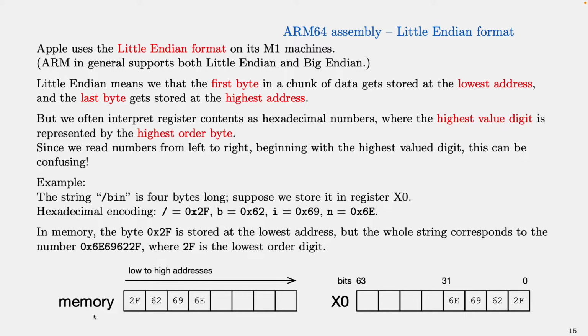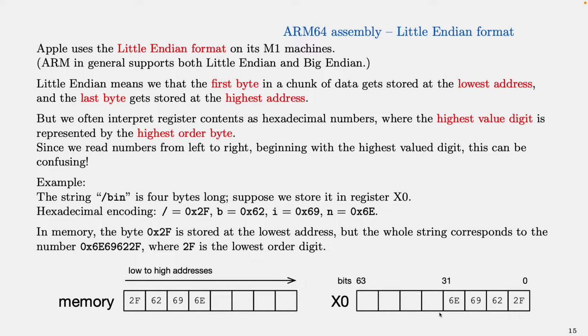So there are two representations of this in little endian. In memory, we would usually write the lowest memory addresses to the left and the higher ones to the right. And so the order would be 2F, 62, 69, 6E, just like we would write out the string slash bin. But in registers, we usually represent them as hexadecimal numbers, where the highest order byte is written on the left, because that's the way we write numbers, and the lowest order byte is on the very right.